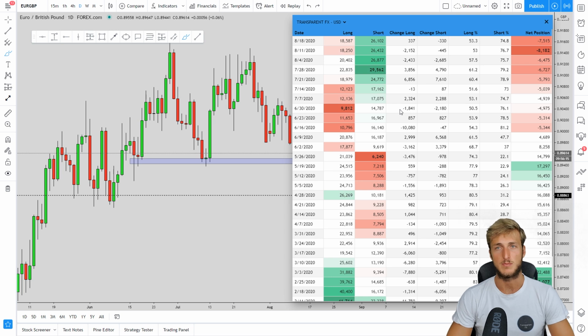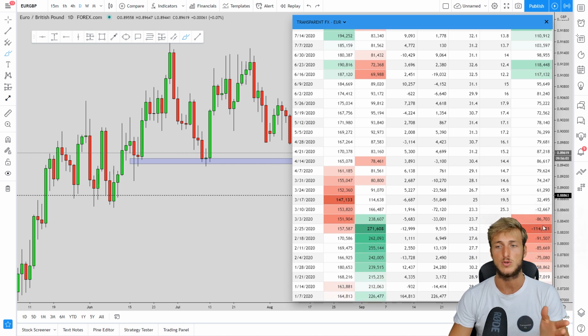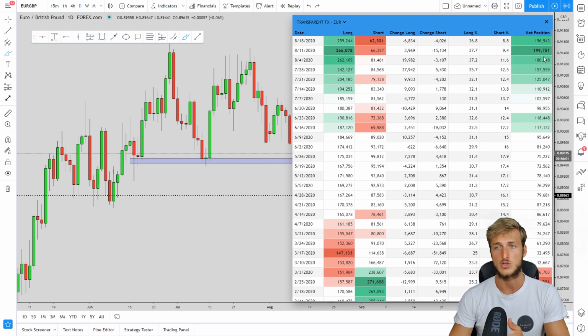So what the biggest banks and institutions are currently doing on these two pairs, actually currencies. If we go and see what we have from a euro perspective, we can see that institutions greatly in the long term shifted their positioning from the negative to the positive side.